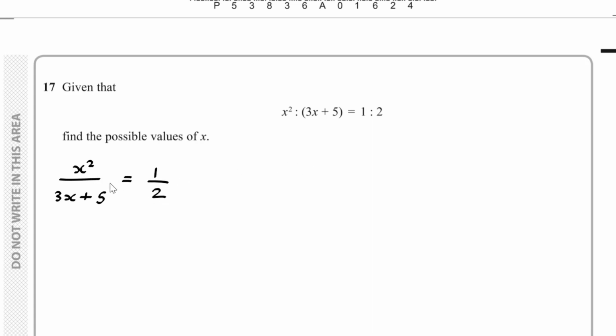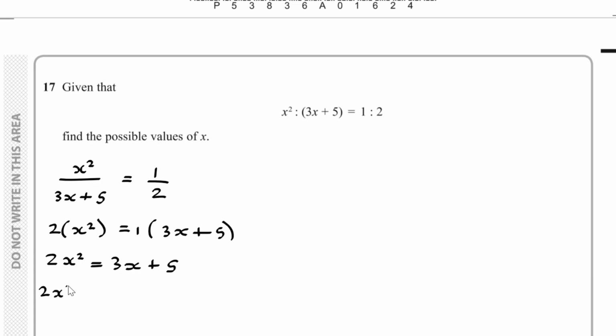And if we multiply the x squared by 2 and the 1 by 3x plus 5, so we've got 2 lots of x squared equals 1 lots of 3x plus 5. If we simplify all this, we end up with 2x squared equals 3x plus 5.